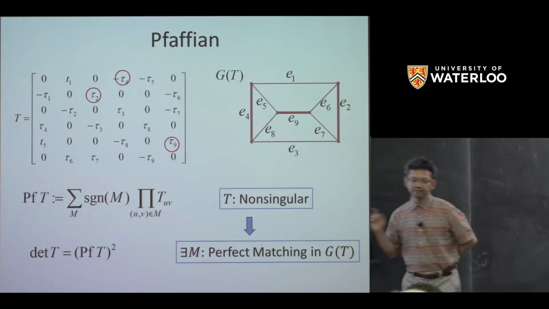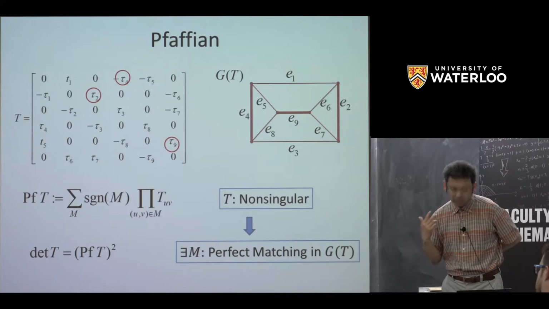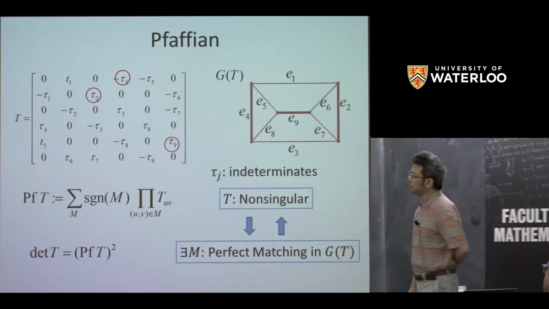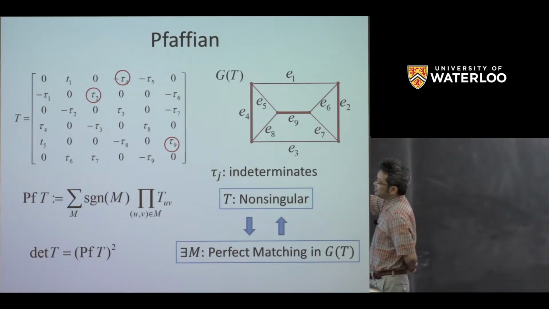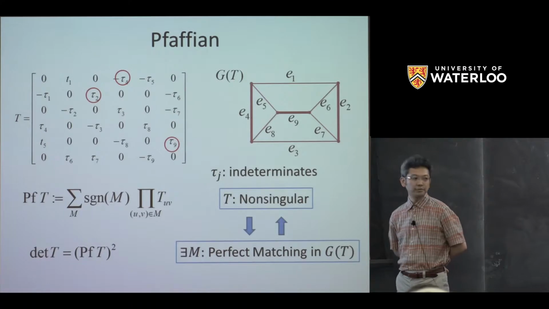But I want to say that the converse also holds in most cases, and in order to make this formal, I would assume that each non-zero entry in the skew symmetric matrix is an indeterminate.